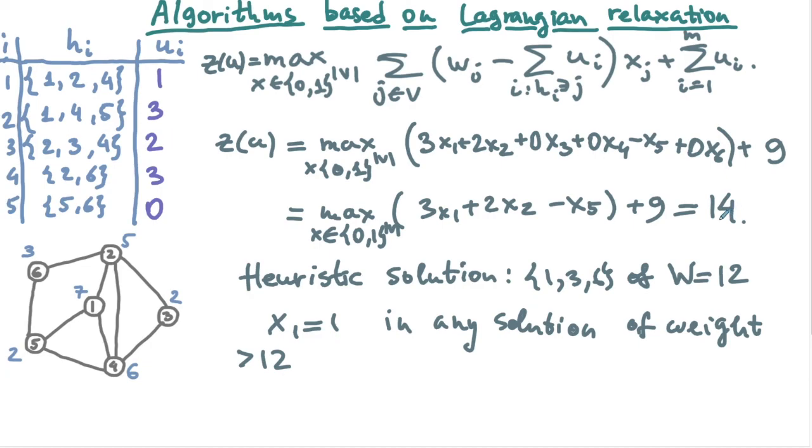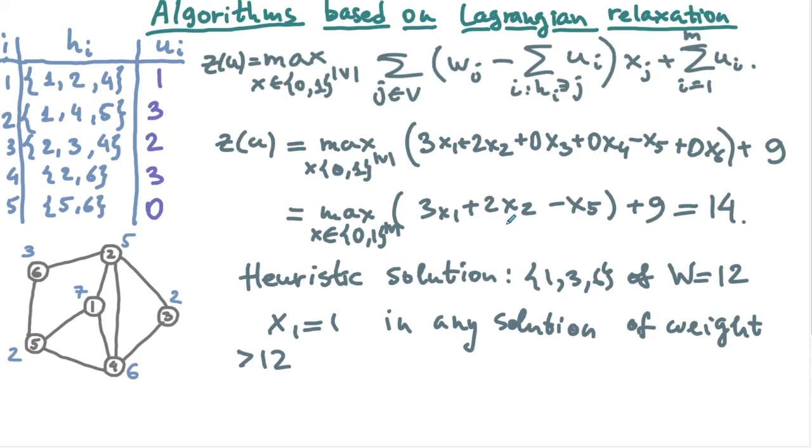All right. And this means that a solution where x2 equals 0 cannot have a value greater than 12. Alright, so meaning that if there was a solution better than 12, then this solution would have to include x2 with the value of 1.